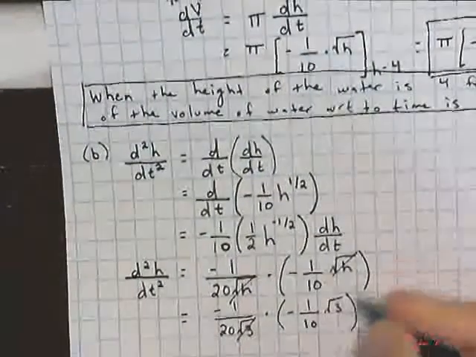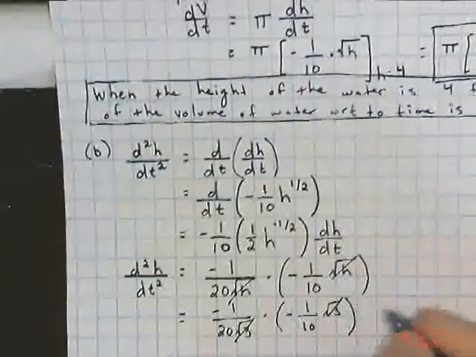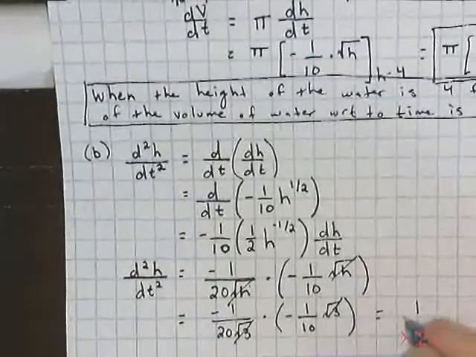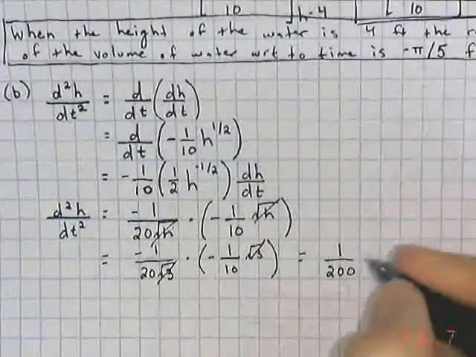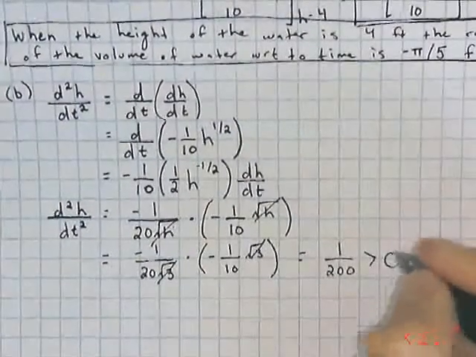So this is always going to be equal to positive 1 over 200, which is greater than 0.